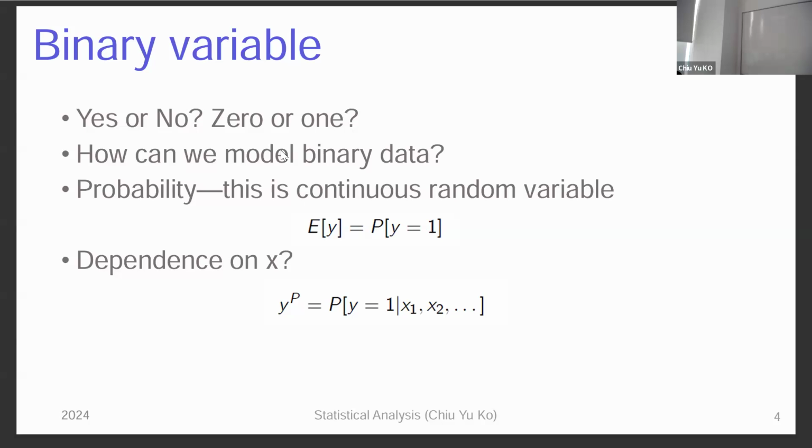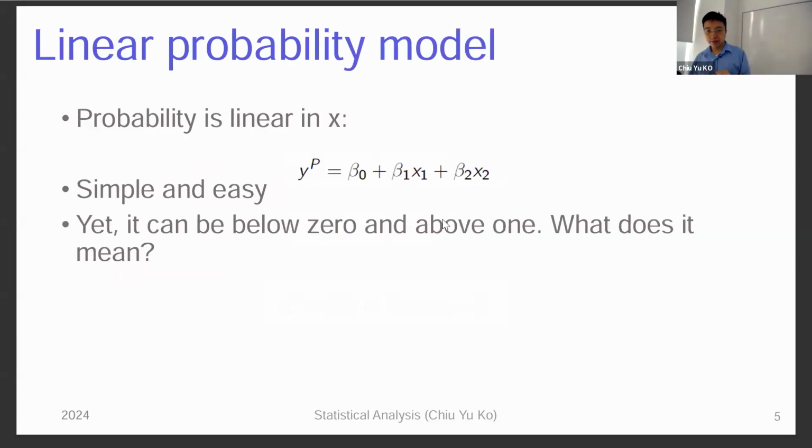That's your undergraduate: you just draw a random person, how likely is that person to be 1? That's the proportion, and we want to explain how it depends on x, so how likely someone is to do something. That is the goal.